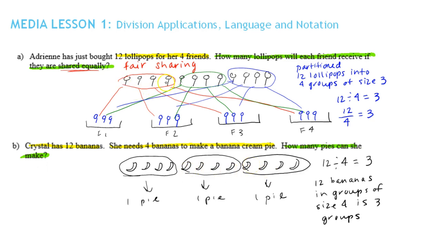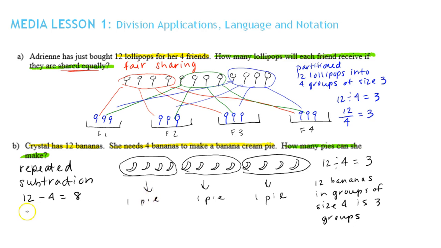Here we were saying this 4 is being partitioned out to the 4 friends. Here, this 4 is being given to 1 pie. And one other way to think about this that connects to multiplication is we had the repeated addition method of multiplication, and we can think of this one as repeated subtraction. We start with the 12 bananas, we subtract off 4, and we have 8 left.